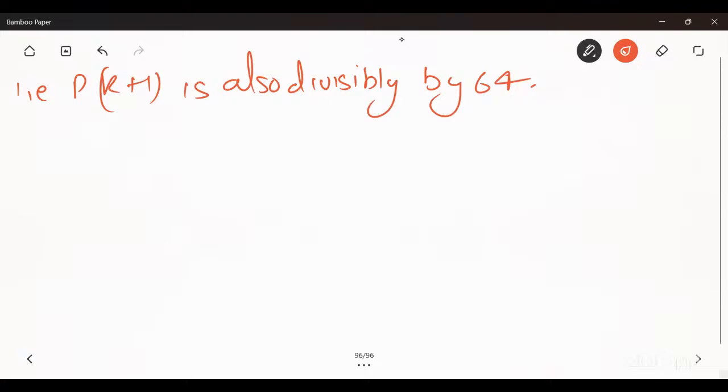Now the last thing is n square plus n plus 1 equal to 4. So come to the next question.